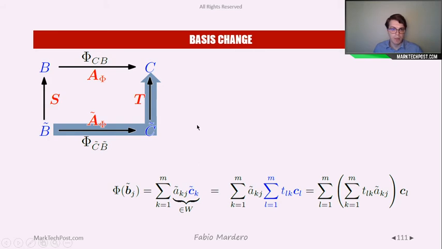But again, we are now in W, and we can express these C tilde vectors using the basis C. So again, the C tildes are a linear combination of the C basis vectors.